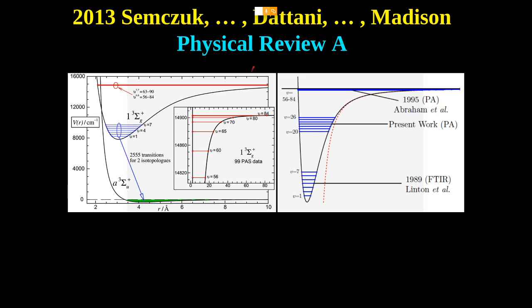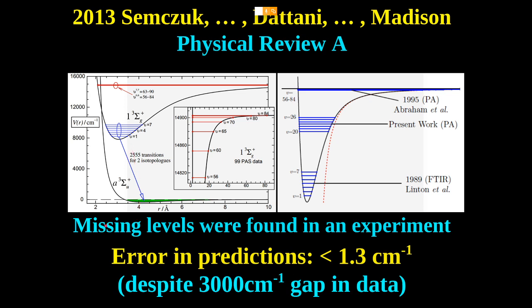This was published in Physical Review A. And these energy levels over here were actually found experimentally and successfully based on the predictions from the model that was trained only on that data set over here. The missing levels were found, and the errors in the predictions were less than 1.3 inverse centimeters. Okay, that's very good considering that there's a 3,000 inverse centimeter gap here.